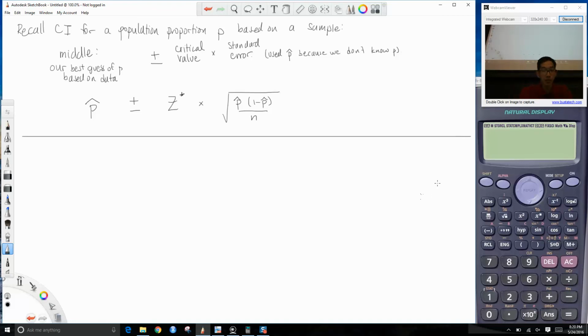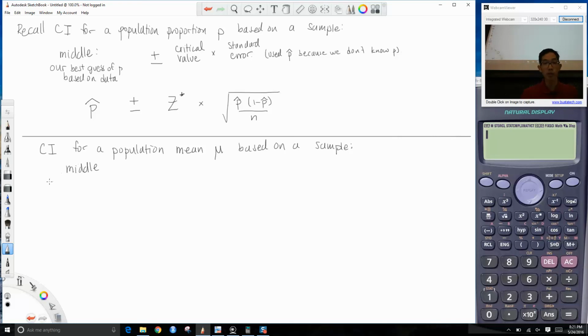Okay, so we will set up a confidence interval for a population mean in a similar way. What is the symbol that we use for the population mean? Mu, based on a sample. So in the middle, what will we put?